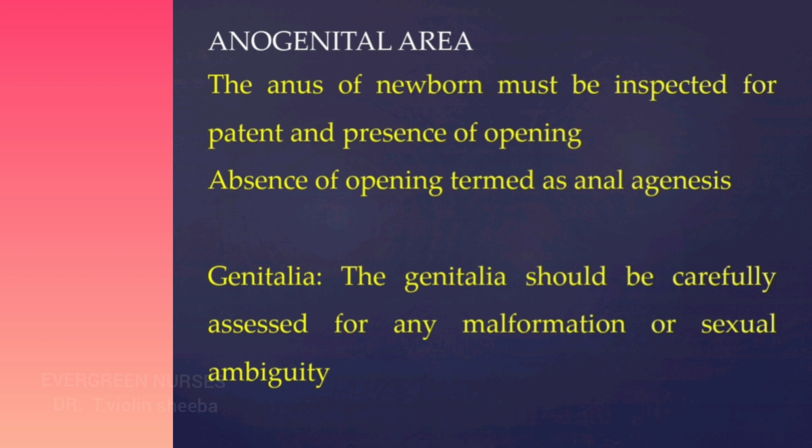Then we have to assess the anogenital area. The anus of the newborn must be inspected for patency. It can be easily detected while checking the rectal temperature. Absence of anal opening is called anal agenesis. Then we have to assess the genitalia for any malformation or any sexual ambiguity.